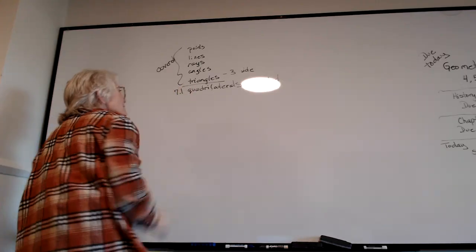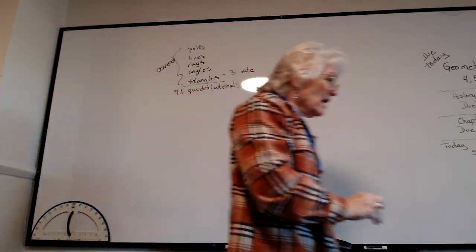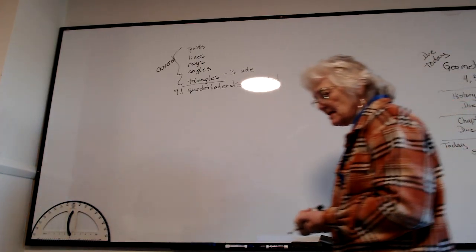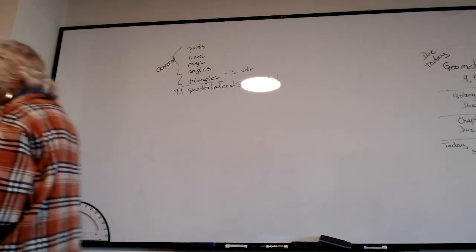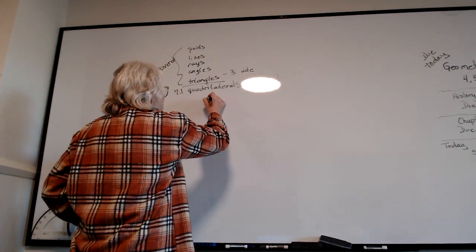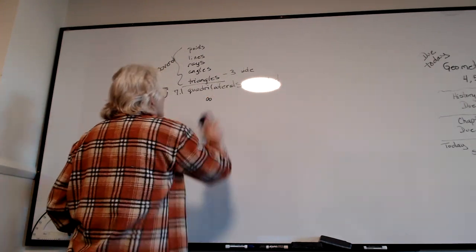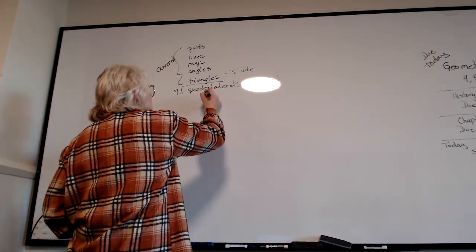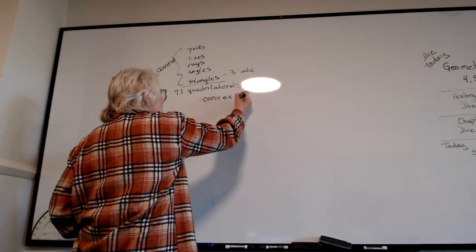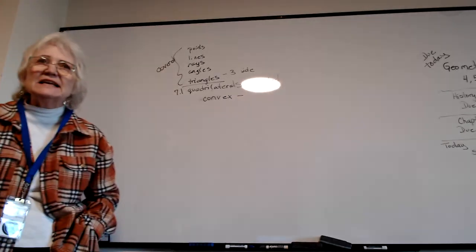This is 7-1. We're doing quadrilaterals. Okay. There's two different kinds of quadrilaterals. Okay. And this is true in all types of figures that have lines in them. There's called convex, which is what we normally think of quadrilaterals as being.